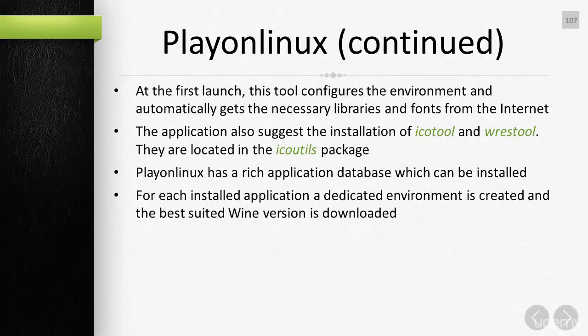Winetricks can only create separate environment, but it doesn't give you the possibility of running a separate version of Wine. Playonlinux is not only able to do this, but it also makes the whole process of downloading, installation, and management of different versions of the Wine environment automatic.